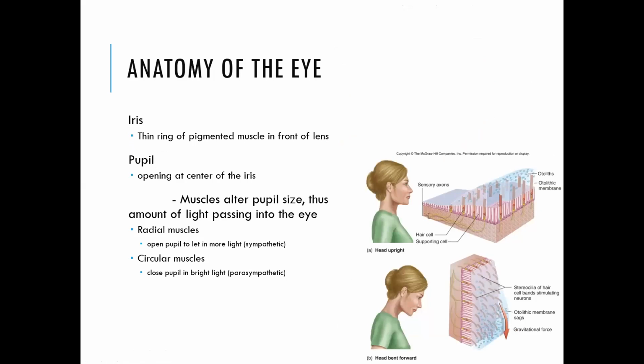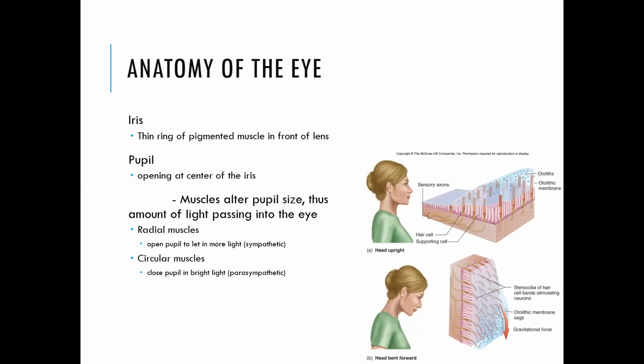It's a thin ring of pigmented muscle that's located in front of the lens. The pupil is the opening at the center of the iris. The muscles in the iris help to alter the size of the pupil depending on how much light is entering your eye.